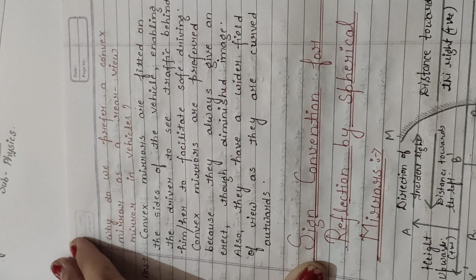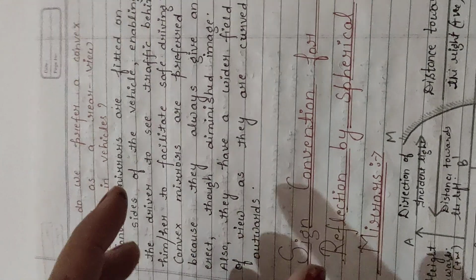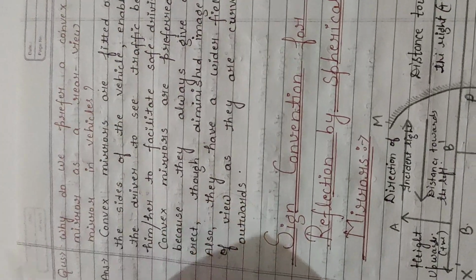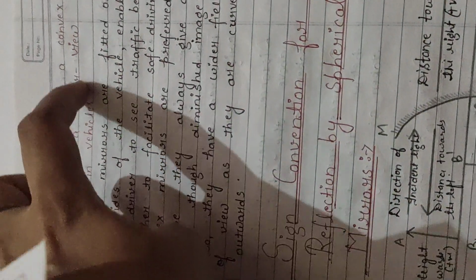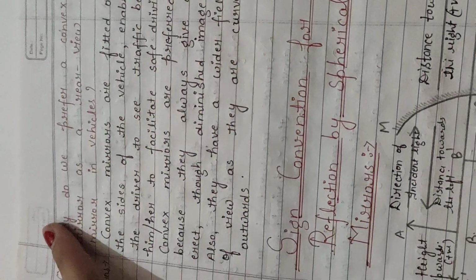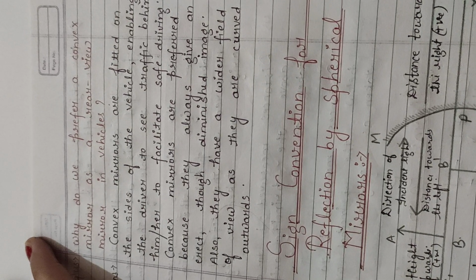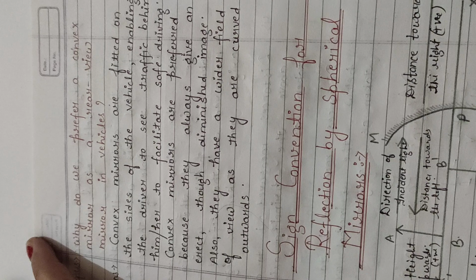And also they provide a wider field of view as they are curved outwards. You have seen the structure of the convex mirror, that they are curved outwards. So if they are curved outwards, they provide a wider field of view to the viewer. And that's why I have written the answer: convex mirrors are fitted on the side of the vehicle, enabling the driver to see traffic behind him or her.